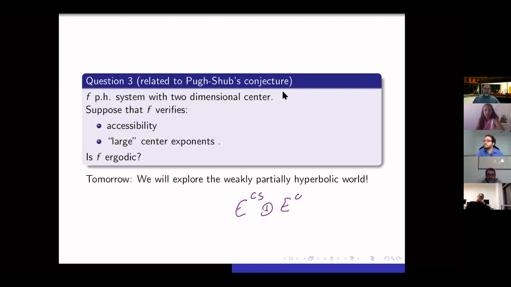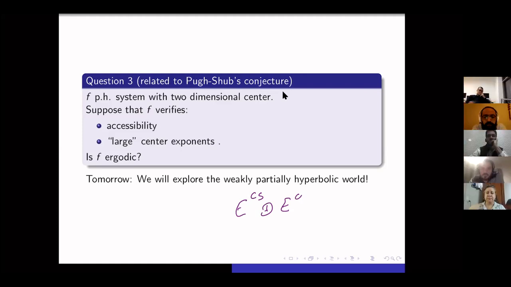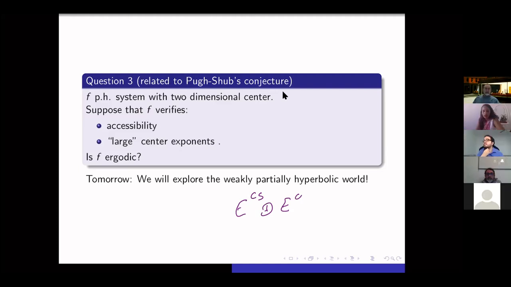Are there more questions? Yes, please. When you showed Viana's examples, one of them wasn't invertible. My question is, how many of those tools don't work for the non-invertible case?